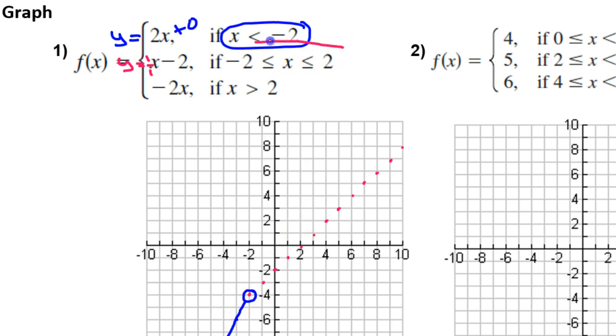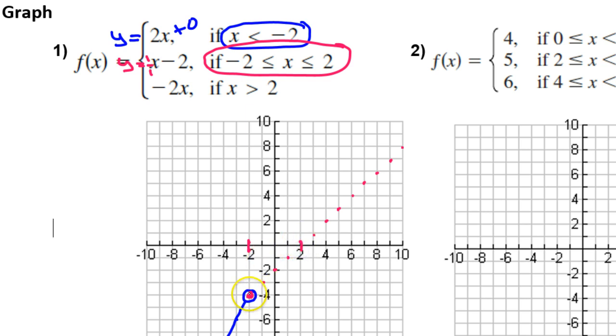So in fact, I'm going to look at the domain restriction right here, which tells me how much of this line I'm going to actually graph. I'm going to graph the part where the x values are between -2 and +2. So here's -2 and here's +2.